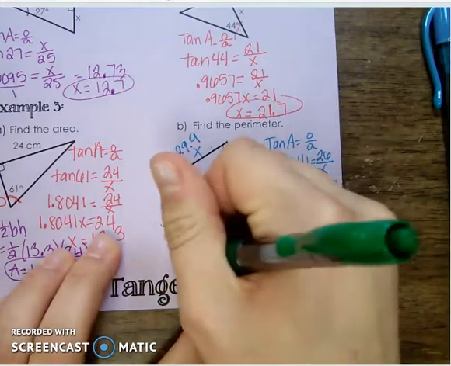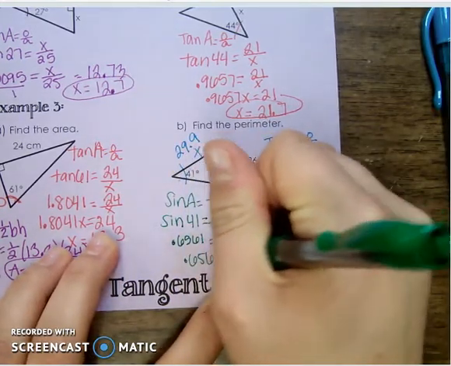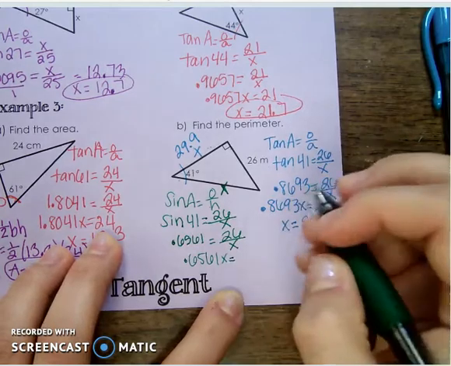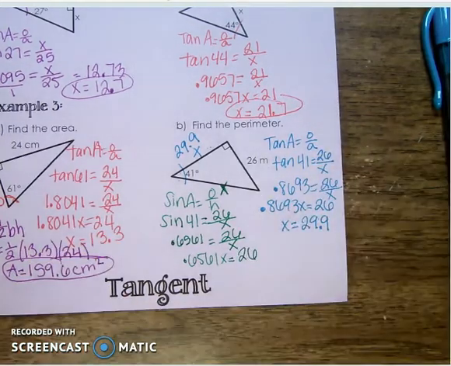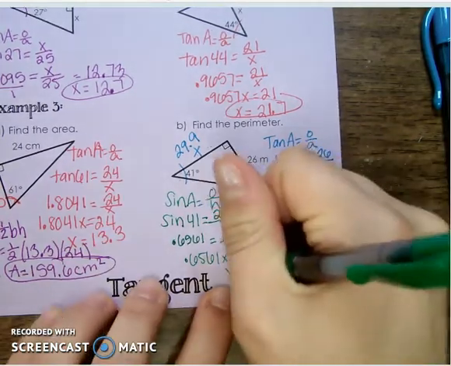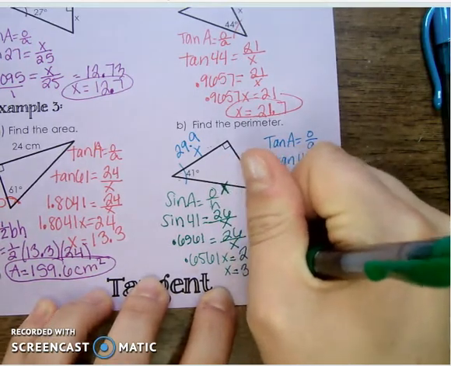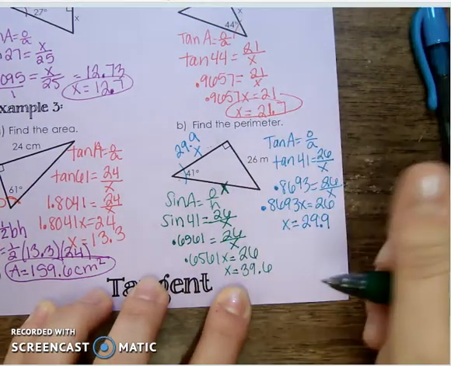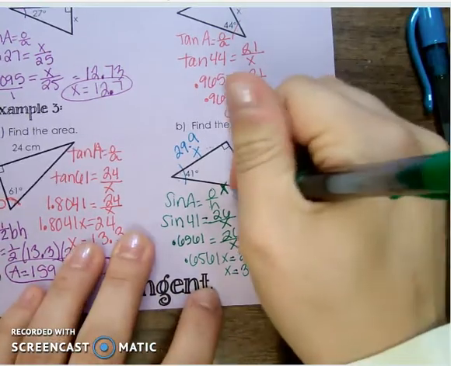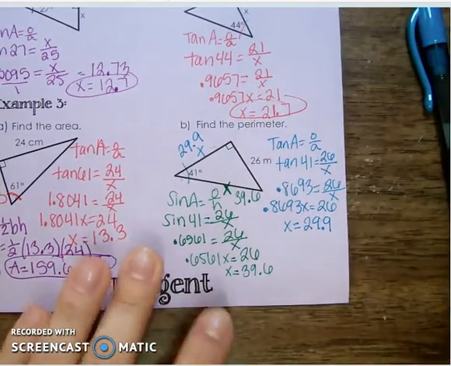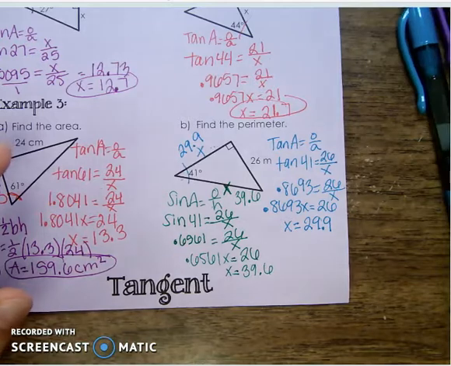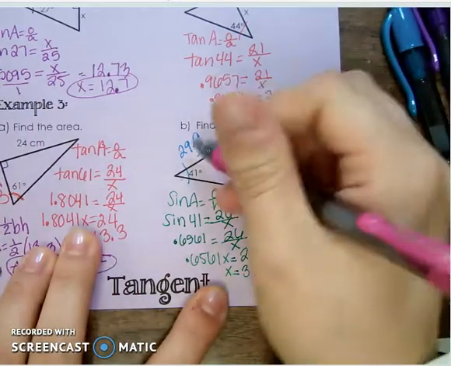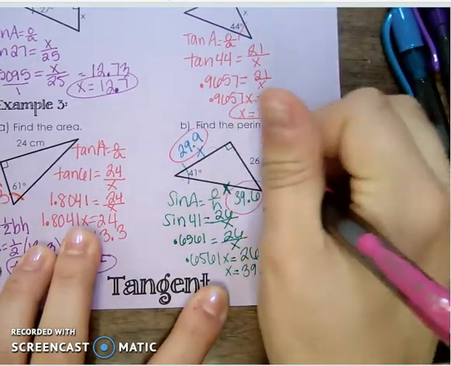So I have 0.6561 x equals 26. X equals 39.6. And now I can add all three of my sides together. 29.9, 39.6, and 26.